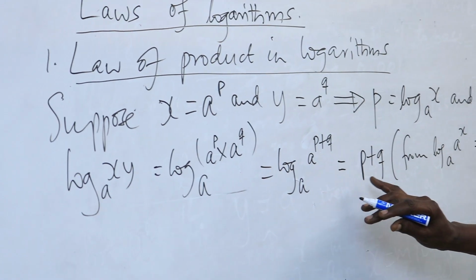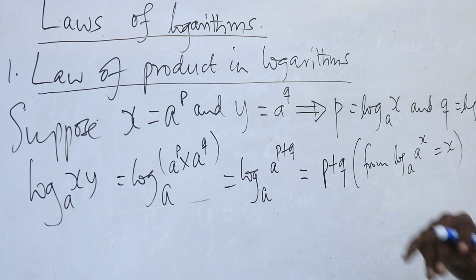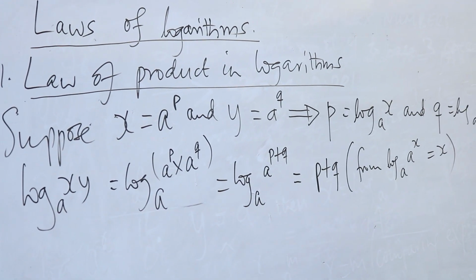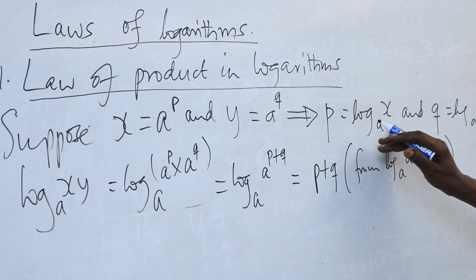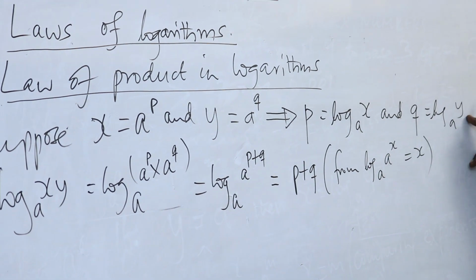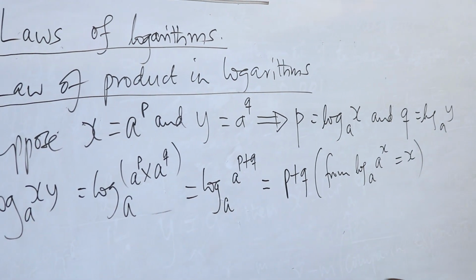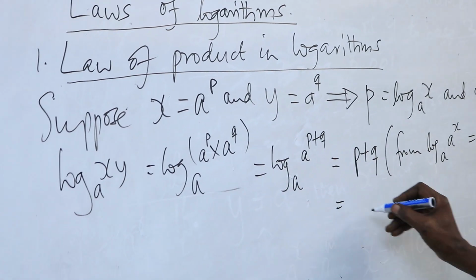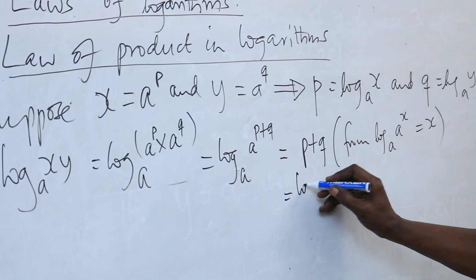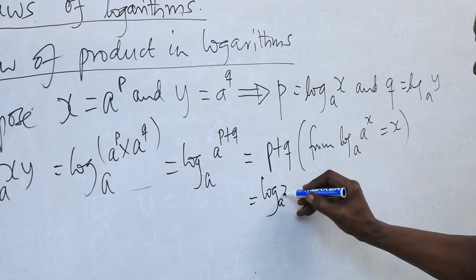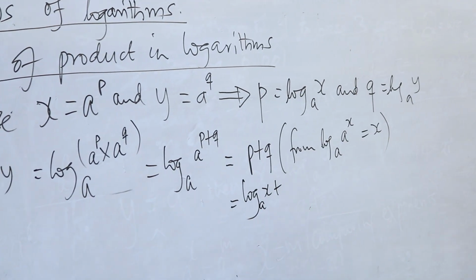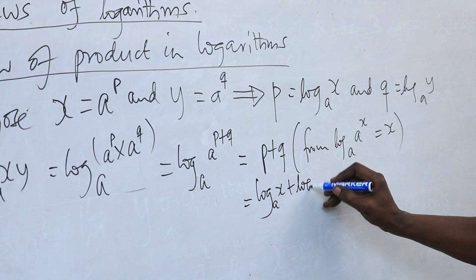Now, from the above statement, what is p plus q? p is log x to base a and q is log y to base a. Therefore, in the same way, instead of p we replace it by log x, and instead of q we replace it with log y.